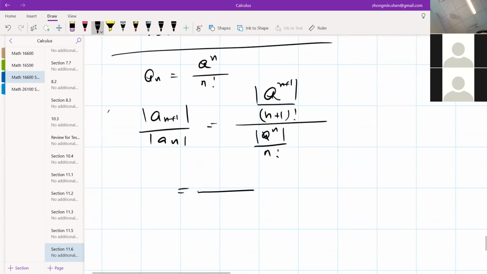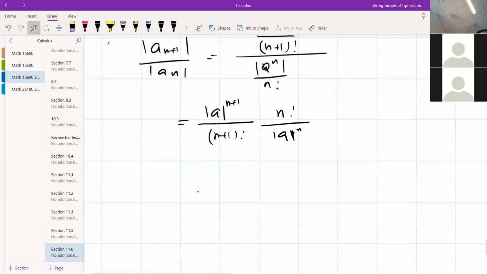So after simplifying this is going to be, let's rewrite it. Okay, so now you simplify. Okay, so you get n plus 1. After simplifying, you only get these two terms. And clearly, it approaches 0 as n approaches infinity, right?